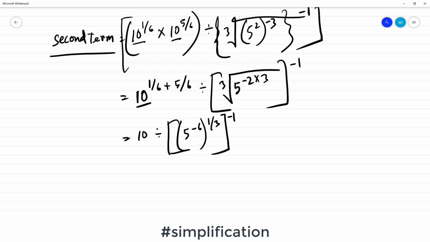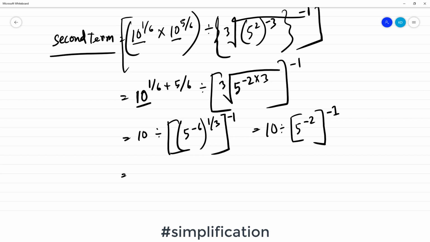Here is a tricky part. So we get this one, 5 to the power minus 2 and minus 1.